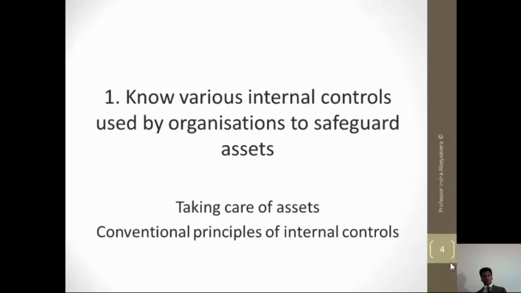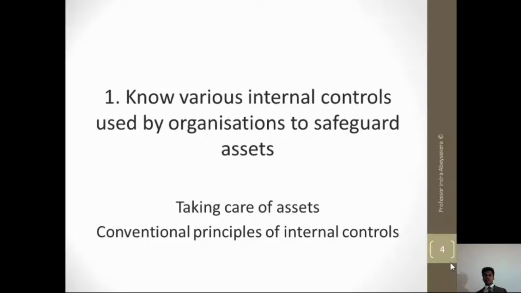One of the learning goals of this workshop is to understand various internal controls used by organizations to safeguard assets. When assets and money are there, there is also a risk of losing them.